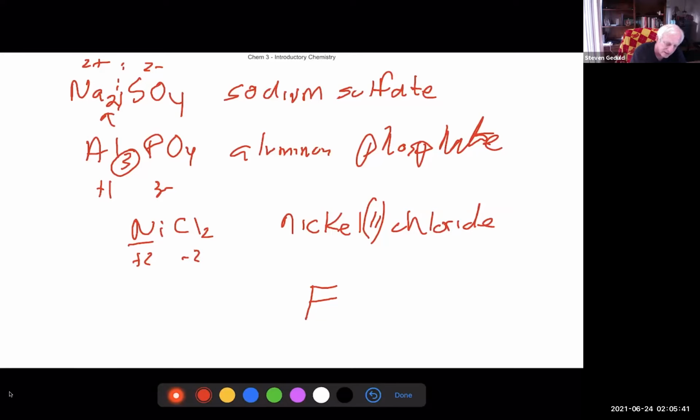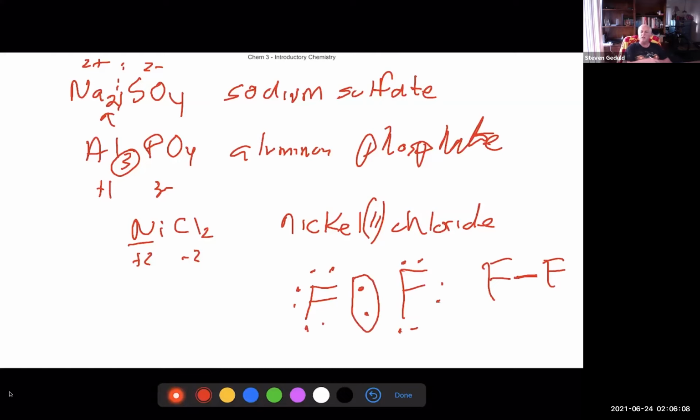Perfect. So 1, 2, 3, 4, 5, 6, 7, and another fluorine has 1, 2, 3, 4, 5, 6, 7. These 2 electrons between them form a bond. So we draw a line. This line represents a bond, and that's how we have a covalent bond. We share the electrons between them.